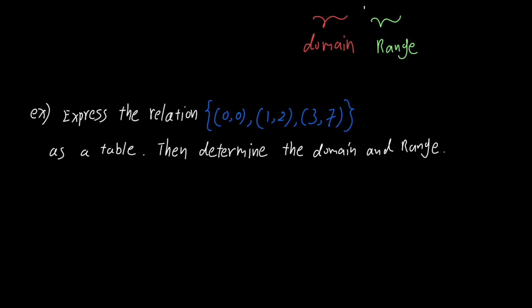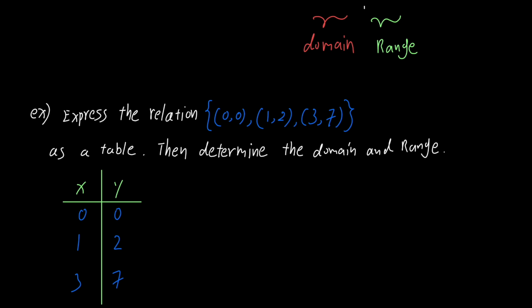We're first going to draw a table, the horizontal line and vertical line. And we always want to write the general form of the ordered pairs, which is x and y. Then just put these three ordered pairs into this table. We got (0, 0), (1, 2), and (3, 7). Then we have to determine the domain and range.